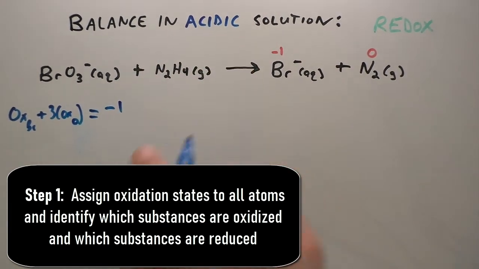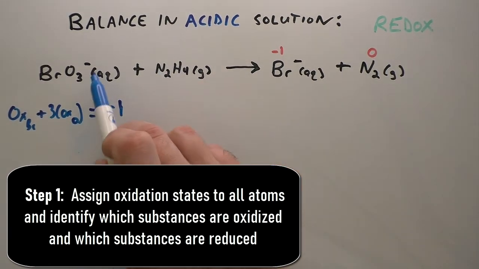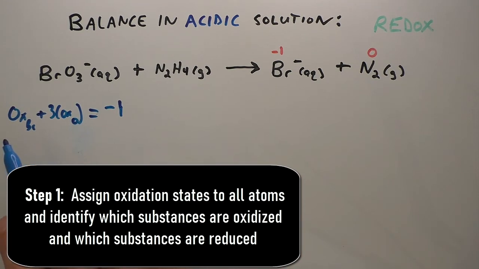The sum of the individual oxidation states of all the atoms in this formula is going to be equal to the charge of the polyatomic ion, which in this case is -1. So one more time: the oxidation state of the bromine plus 3 times the oxidation state of the oxygen is equal to -1, the overall charge of the polyatomic ion.